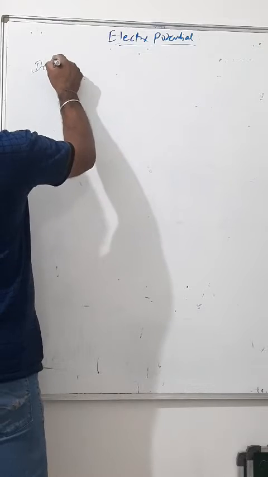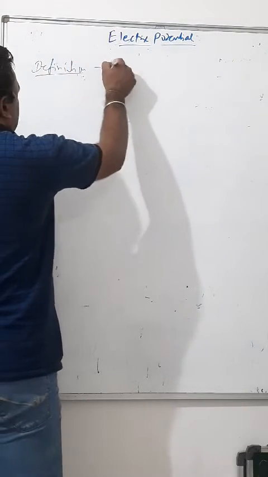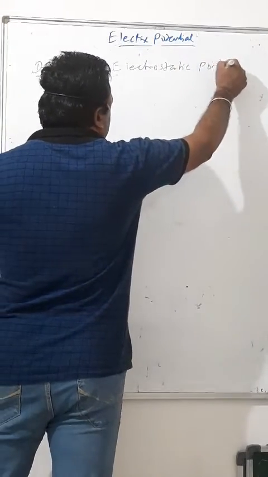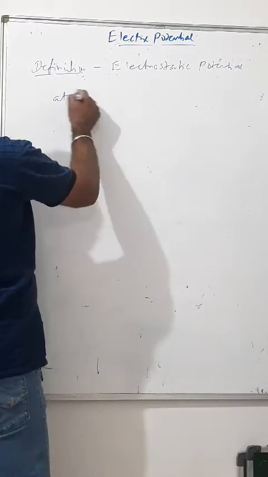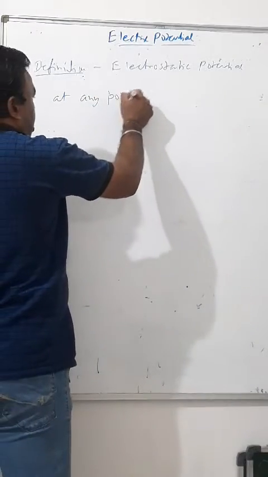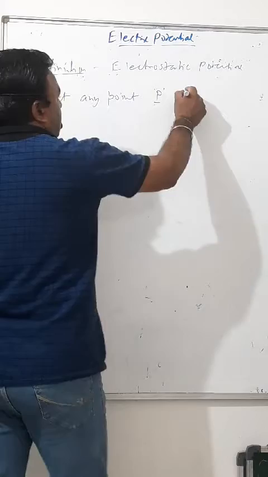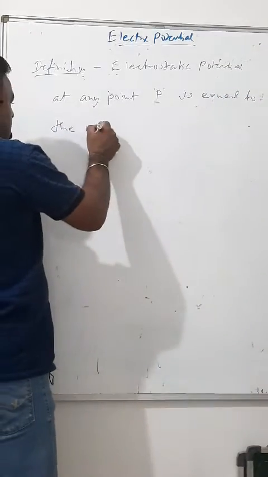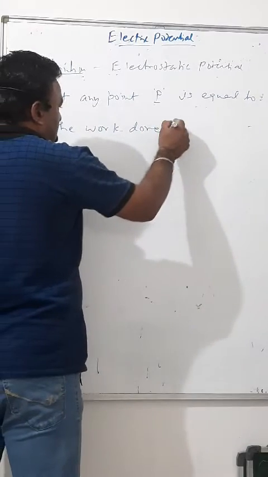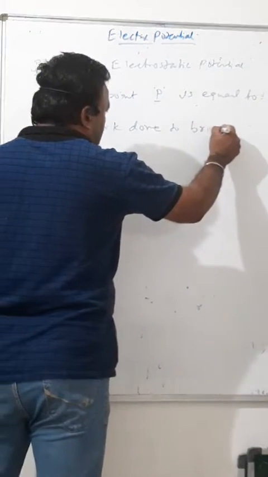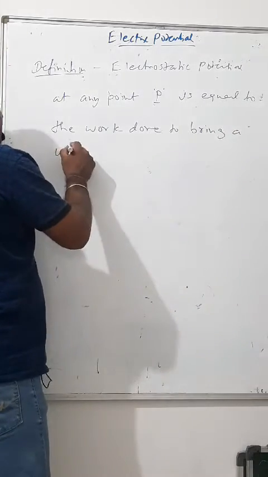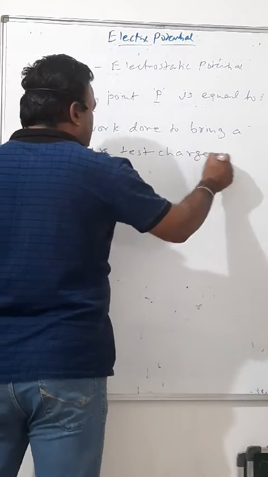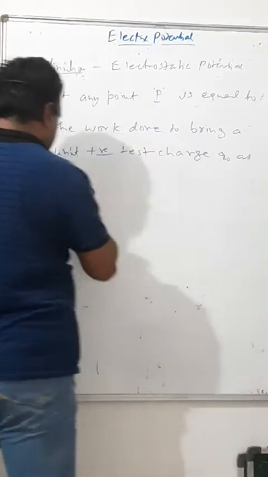Its definition is: the electrostatic potential at any point P is equal to the work done to bring a unit positive test charge Q naught to that point.